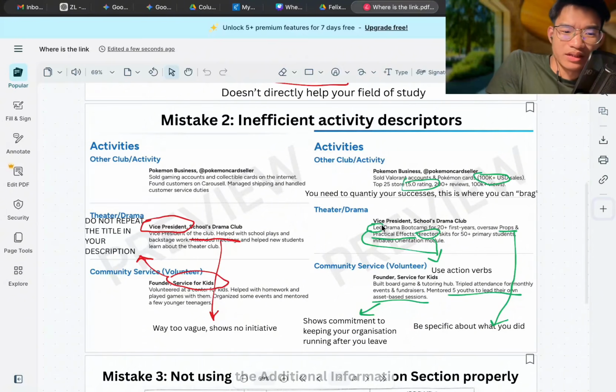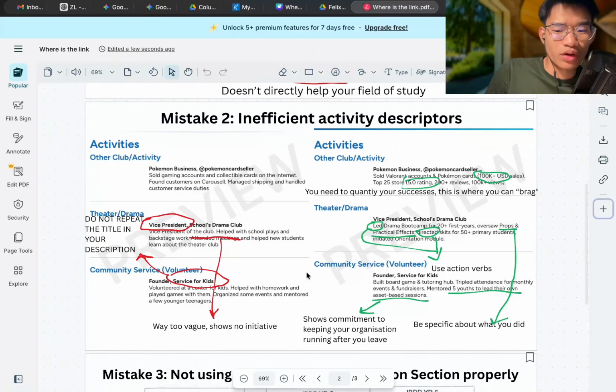Admissions officers have seen so many students with big achievements and big numbers, but not many bother to talk about how they've shown commitment and are trying to keep the organization running after they've left. So that's what sets you apart.